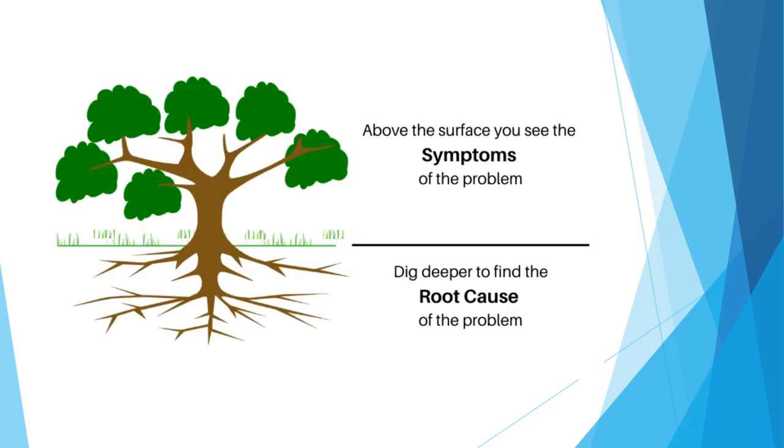See here in this picture, it is very clear. If you remember the Titanic film, above the sea level you can find a small piece of ice, whereas under that you can find it's like a mountain. So above the surface, you see the symptoms of the problem, whereas we go deeper to find the root cause.